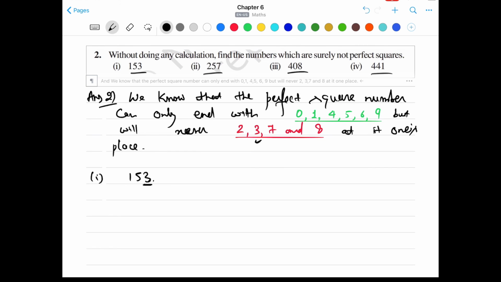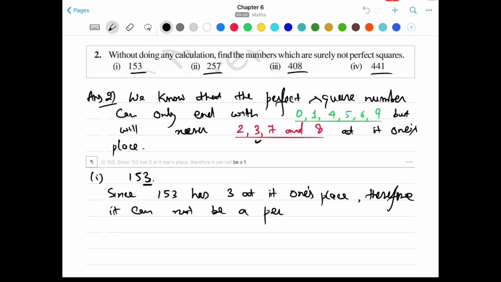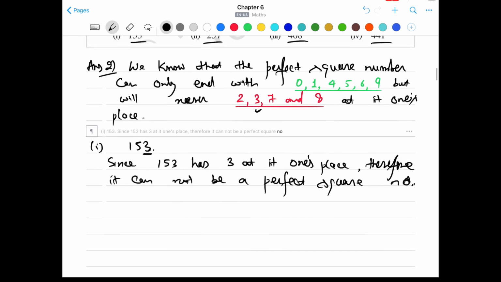So we'll write: since this given number 153 has 3 at its ones place, therefore it cannot be a perfect square number.